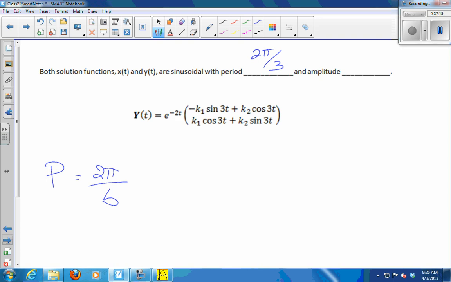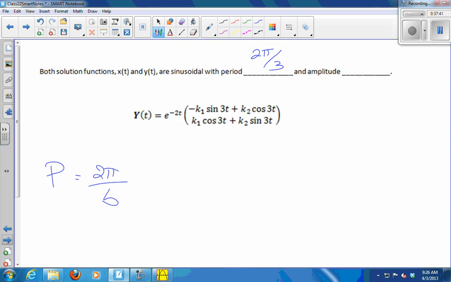Right, but they have the same input. They all have 3 t's. If it was different, then the period would not be constant. But in all of our cases, they'll be the same.